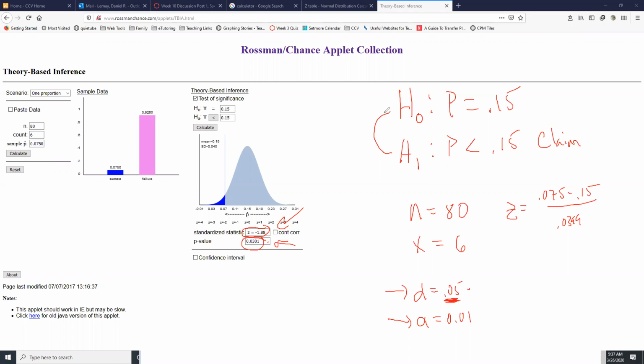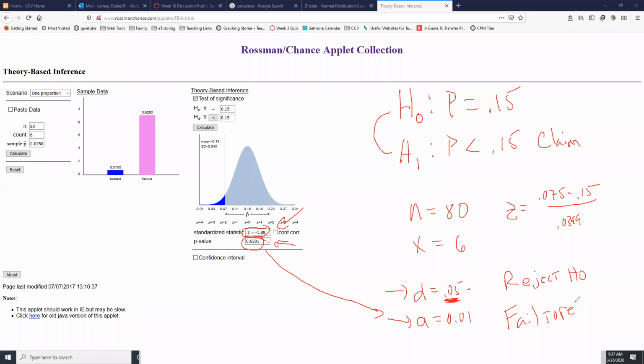So we're going to reject H0 at the 5% level. The data supports Farmer Carl's claim that less than 15% of his corn ears would have earworms. And at the 1% level, that number is bigger than the level of significance. So we fail to reject H0.